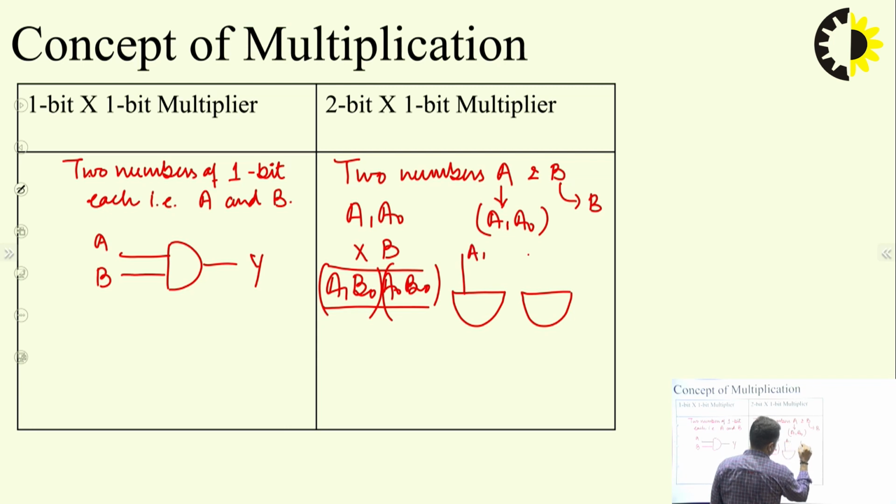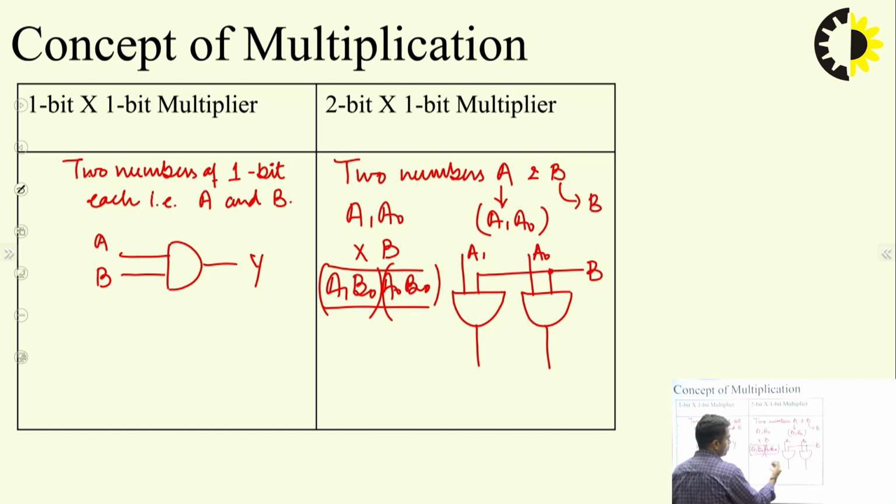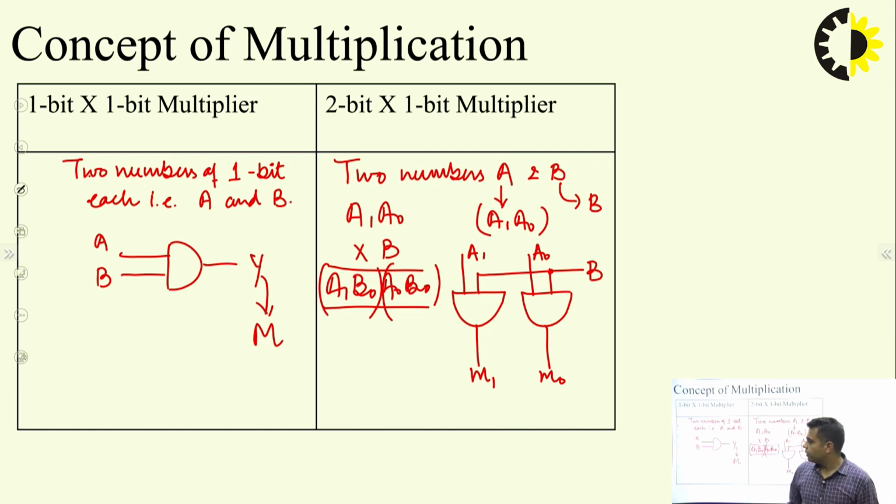This will be A1 and this will be A0, and both these inputs A1 and A0 will be multiplied with a single input B. So this will be the multiplication result, which I will denote by M0 and M1. In this way we can design basic multipliers.